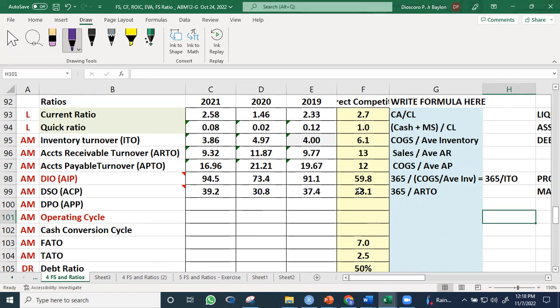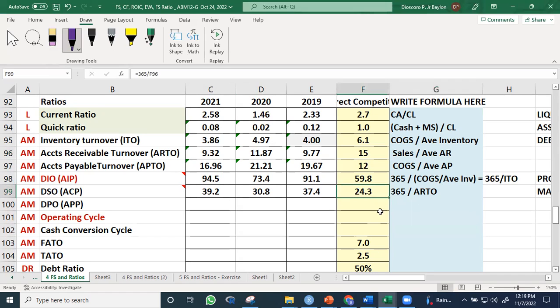Alright, so what do we have here? Our days sales outstanding, our company collects what it sold in around 40 days, 39 days. This one is only 28 days, class. In fact, let me increase this to 15. So we say this is 15.